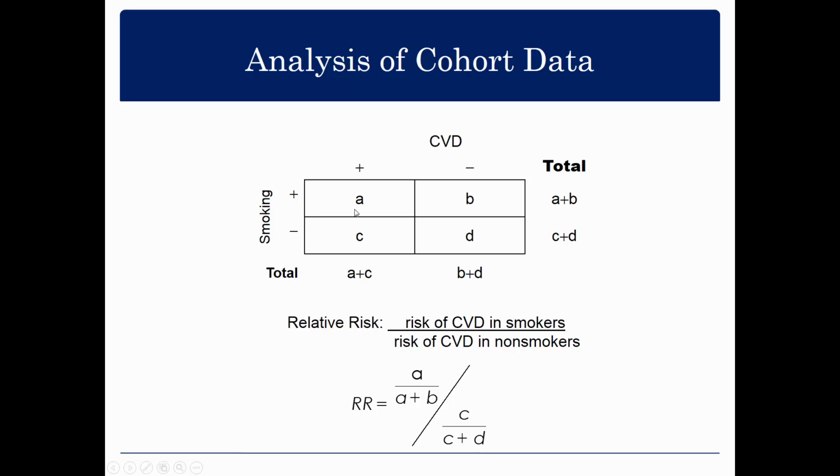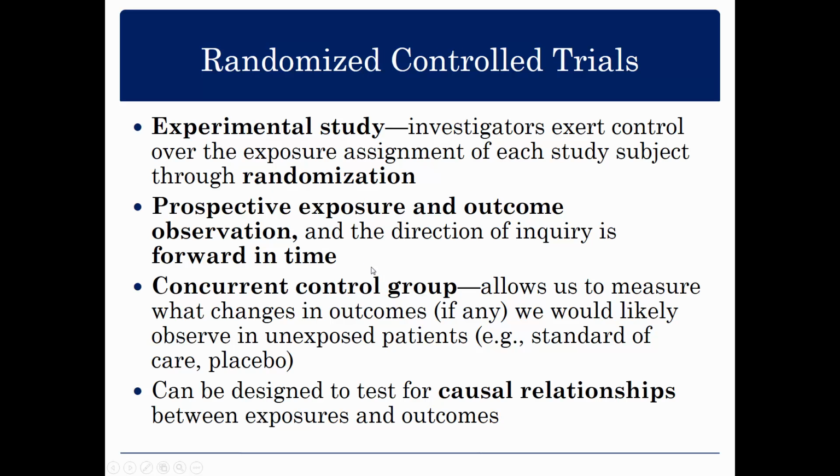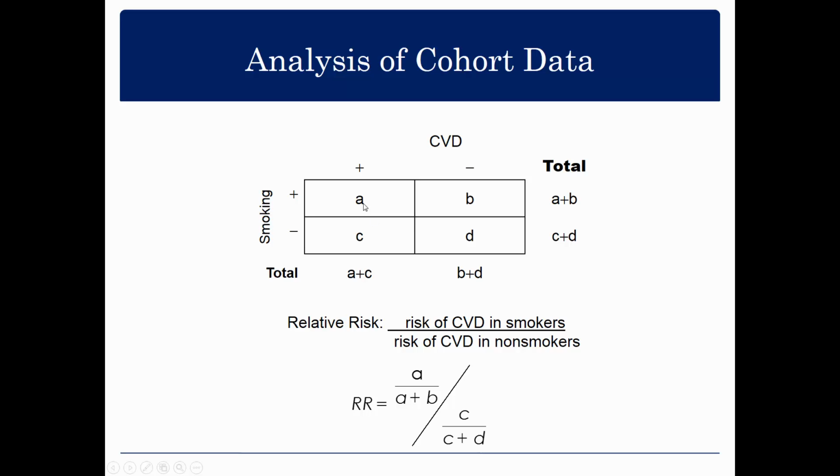If we take a look here, this cell represents those who developed cardiovascular disease, who were exposed. So you can think of them as the smokers. And this represents the number who developed the disease in the unexposed. So the risk of cardiovascular disease in smokers is A, the number who actually developed the disease, over the total number of smokers in the study.